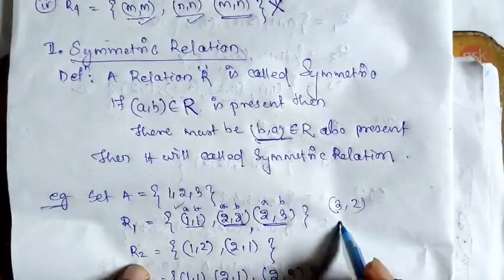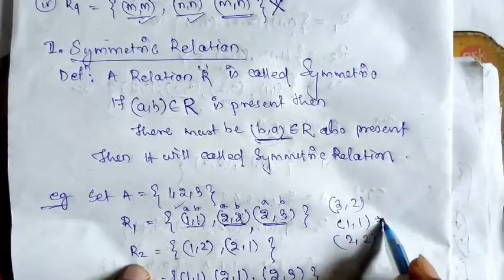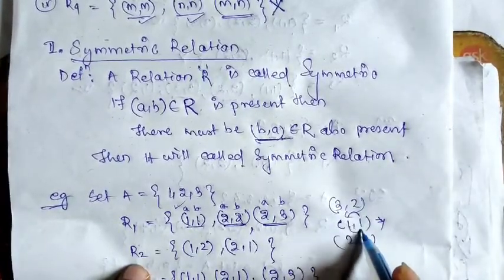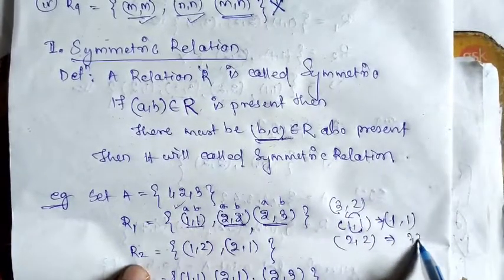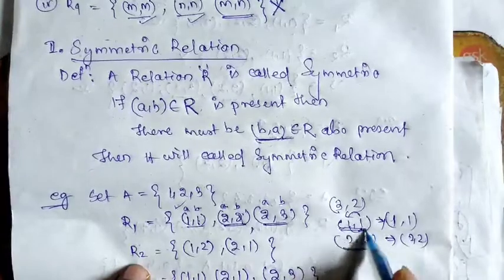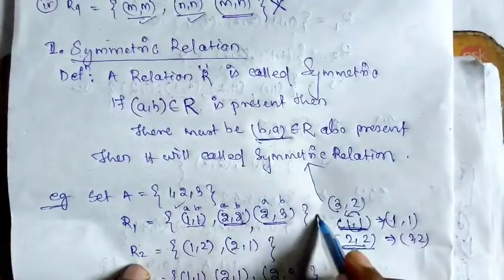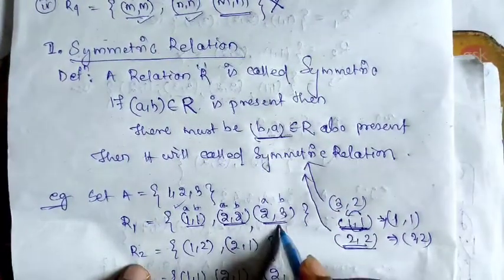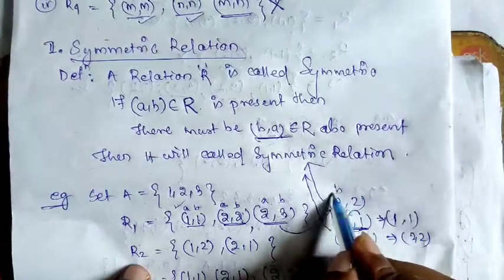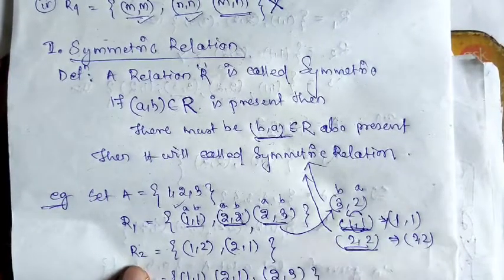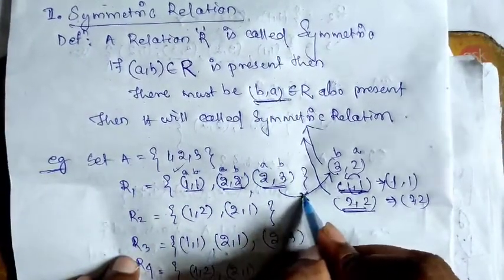For identical order pairs like 1, 1 and 2, 2, the alternative position can be written as 1, 1 and 2, 2. So these two order pairs satisfy that condition, but this order pair does not satisfy the BA condition. So it is not a symmetric one.